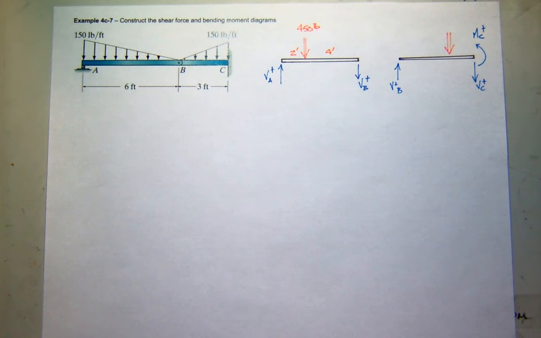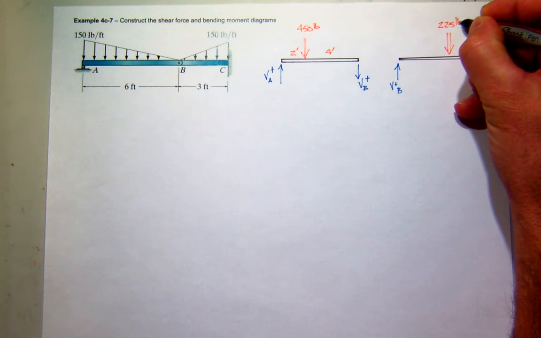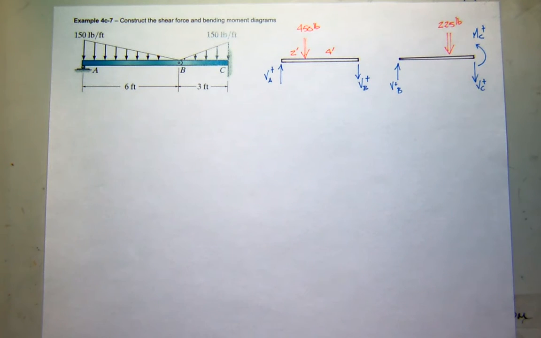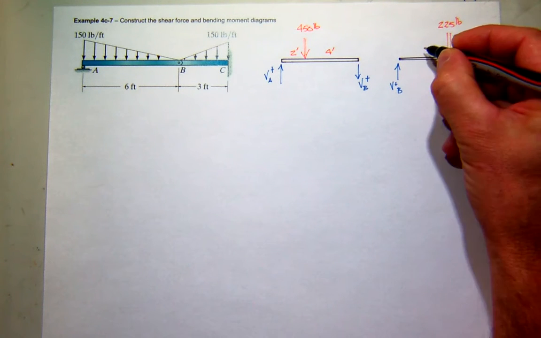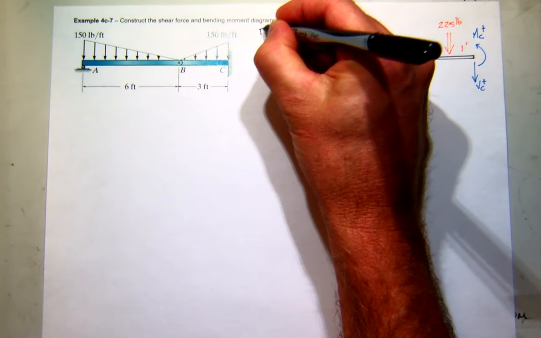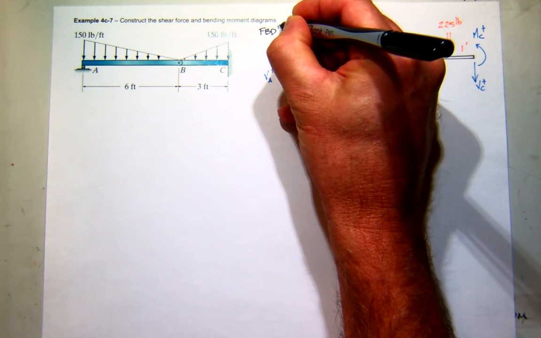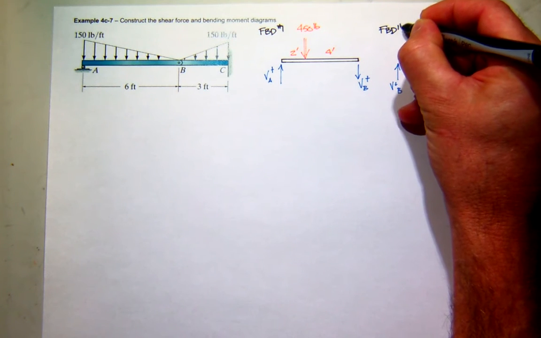That's what, 225? Is that right? And the distances will be 1 and 2. Everybody see that? So let's start. I'll call this free body diagram number 1 and free body diagram number 2.